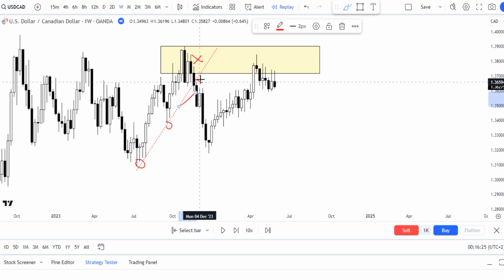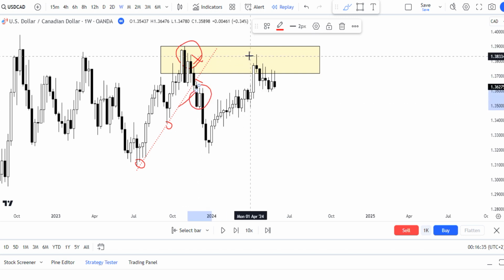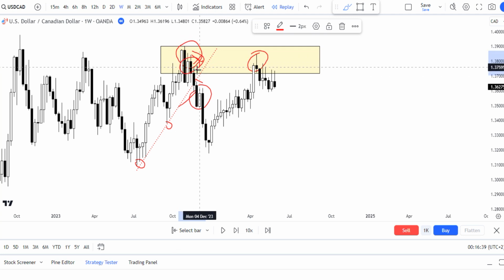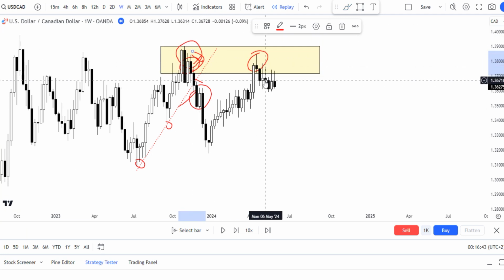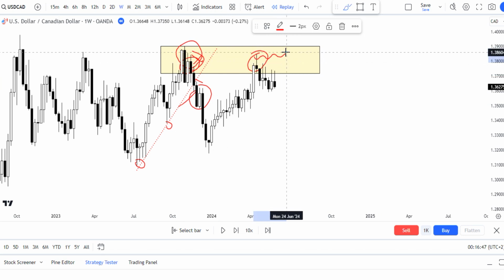So that means this order block achieved something. That's why I did not draw this and I drew this, this order block here. Okay guys, now that means when price came here, I was ready to sell.